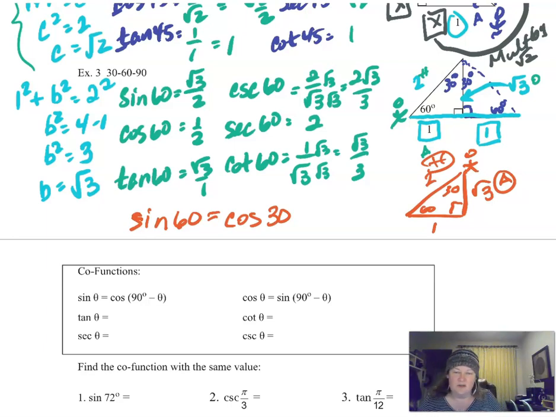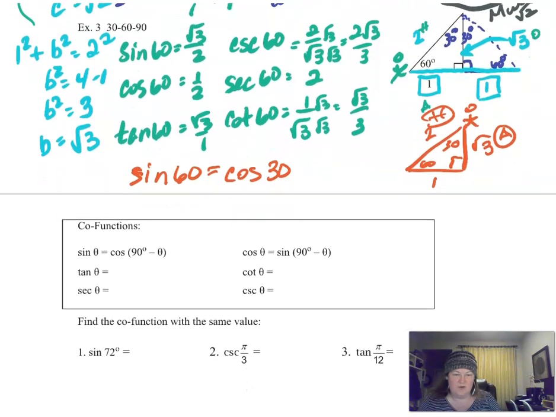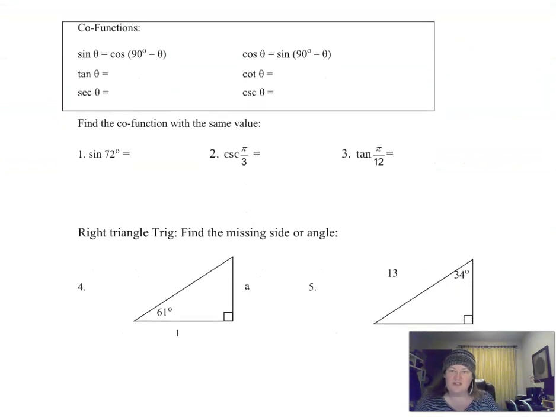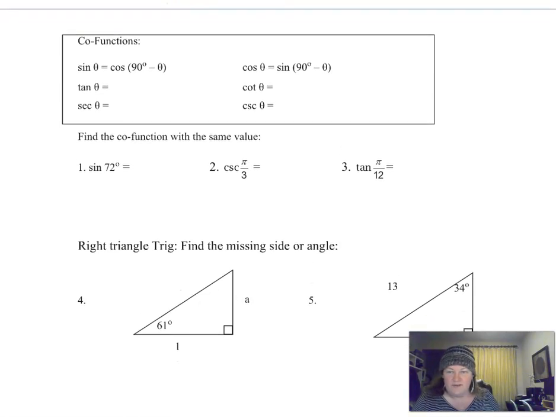So the next page is all about that idea of how do you find ones that match each other, right? So for cofunctions, here's the really cool thing: cofunctions are not reciprocals, okay? They're just cofunctions. So cofunctions means if I go to the other angle, how do I know if I'm going to the other angle? I'm going to write down 90 minus theta, meaning whatever that angle is, I'm going to go 90 minus it to get to the other one, okay?